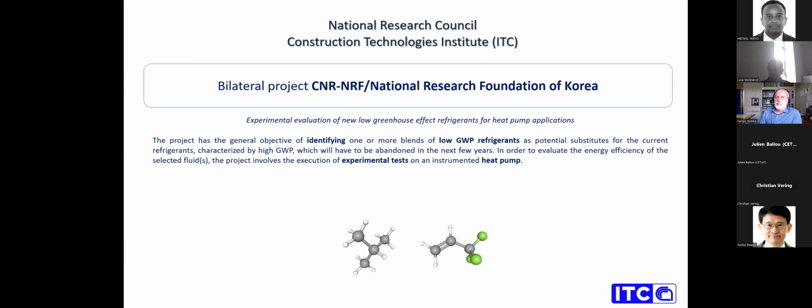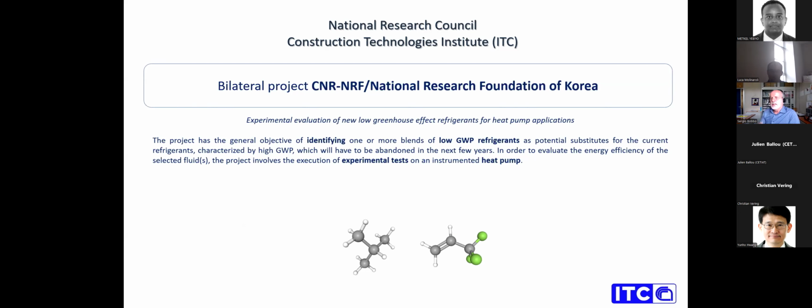As referred, in the bilateral project with the National Research Foundation of Korea, our activity was divided in 2 parts. The first one was devoted to the measurement of vapor-liquid equilibria of 2 different mixtures formed by isobutane and 2 HFOs, that is 1243ZF and 1234YF.